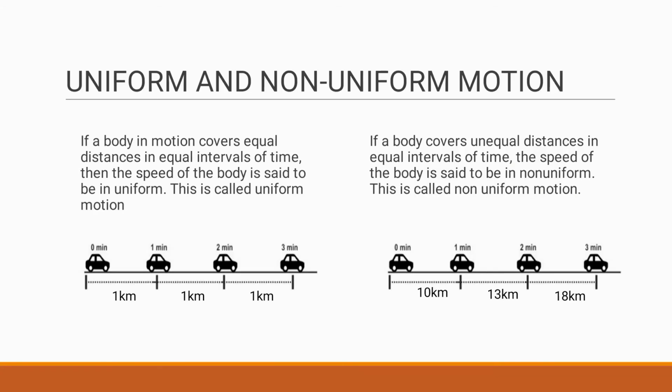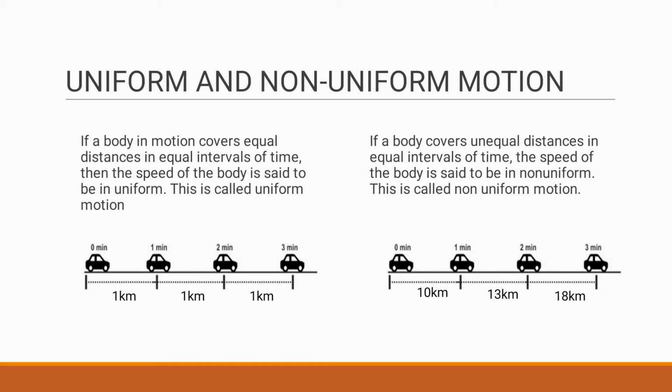And next one is uniform and non-uniform motion. First one is uniform motion. So if an object travels equal distance in equal time interval, we can say that the object moves in uniform speed, that is uniform motion.